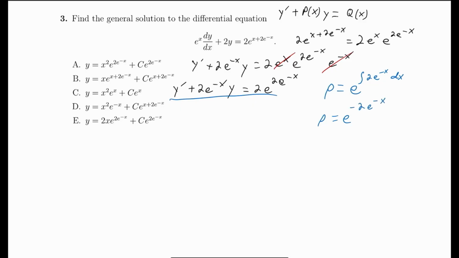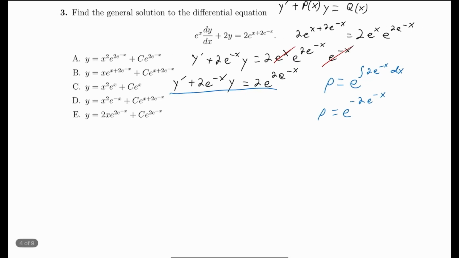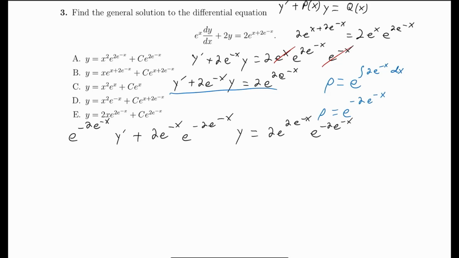And now what you need to do is multiply your entire differential equation by that integrating factor. So distribute it to every term. That will get us e^(-2e^(-x)) times y prime plus 2e^(-x) e^(-2e^(-x)) times y is equal to 2e^(2e^(-x)) times our integrating factor e^(-2e^(-x)).